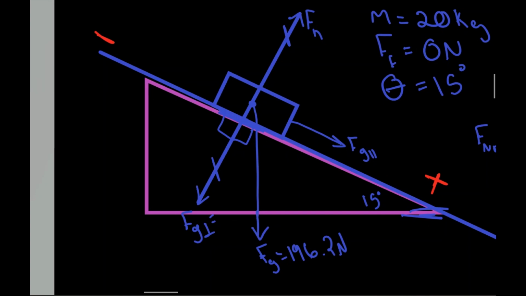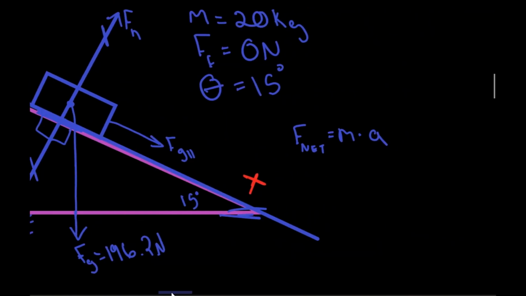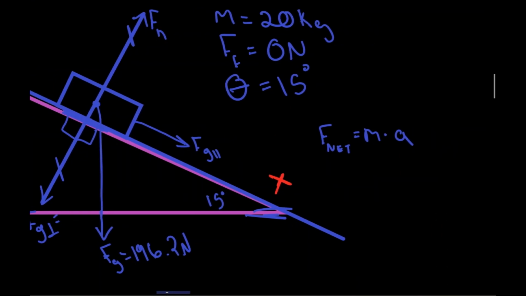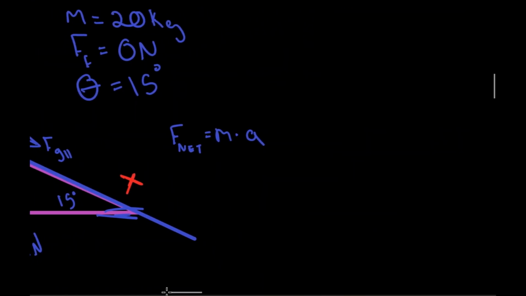Because we know the total forces acting on the object would be our normal force, our force of gravity perpendicular and our force of gravity parallel, we can write that force net will be equal to our force of normal plus our force of gravity perpendicular plus our force of gravity parallel.